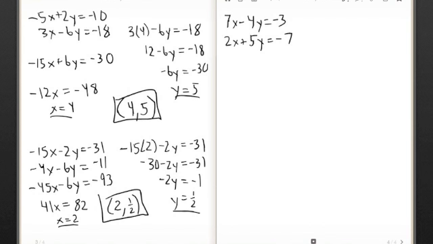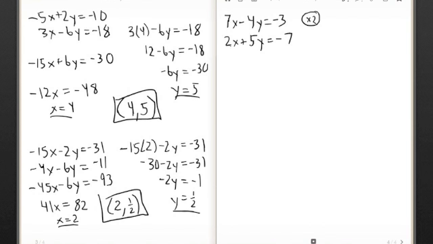So how do we find what the common coefficient for x has to be? Well, the lowest common multiple of the coefficients is going to be the easiest. So what's the lowest common multiple of 7 and 2? That's going to be 14. So in order to have 14x in the first equation, we need to multiply everything there by 2.